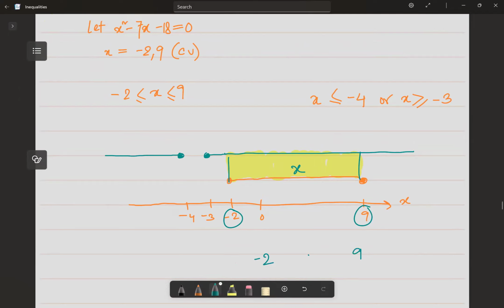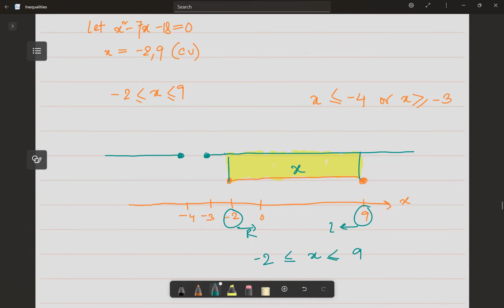So x is on the right side of -2, so x is more than -2. And because we have a filled circle at -2, we will give an equal to sign. And x is on the left side of 9, so x is smaller than 9. And because of the filled circle, we will give an equal to sign here as well.